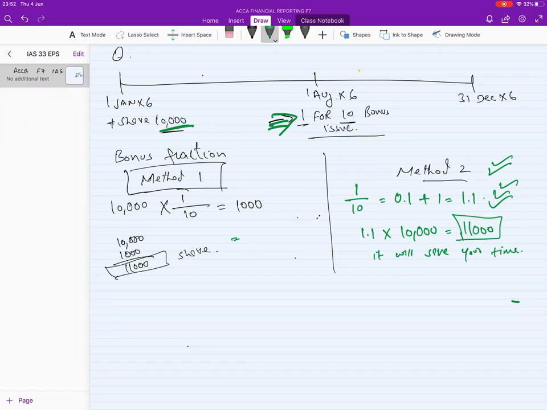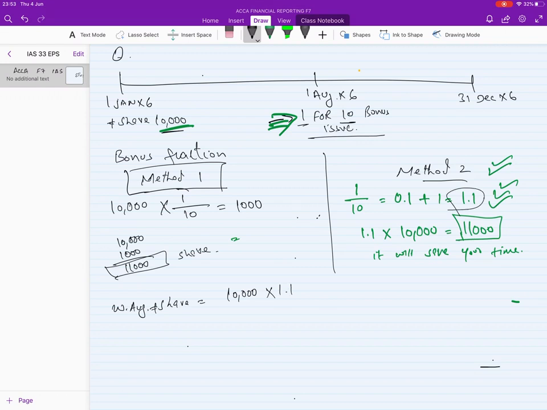Okay, let's calculate the weighted average number of shares. In this, how many shares were you having before? 10,000 shares. And the fraction is 1 for 10, which we have already calculated here.